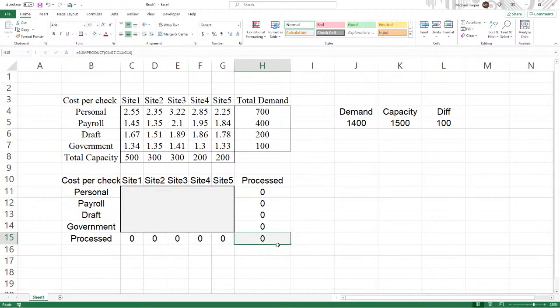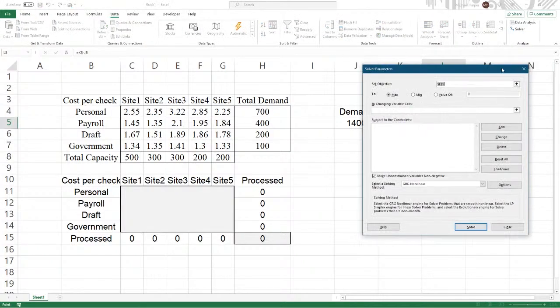This is what we want to minimize by changing how much we are processing. So this is a bank assignment problem. We have enough capacity, so we should have 100 left over, but let's just solve it. Go to Data, Solver. This cell is our objective function. We want to minimize that total cost by changing all of these cells, and there they are.